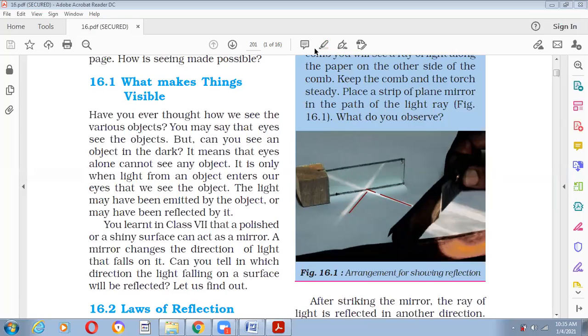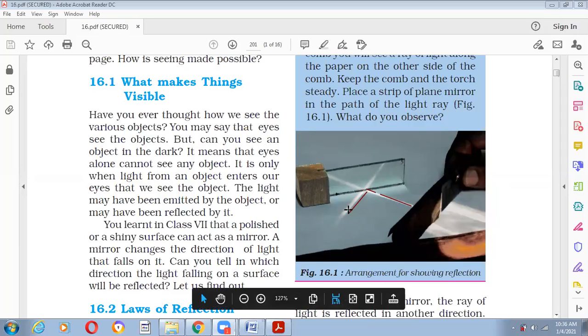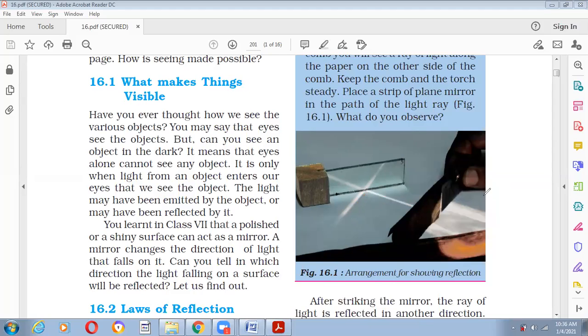This is called reflection of light: the phenomenon of bouncing back of light after striking the reflecting surface. Light goes on striking that reflecting surface, then bounces back. That is reflection of light. Very important phenomenon. Without it, we can't understand how we are able to see.